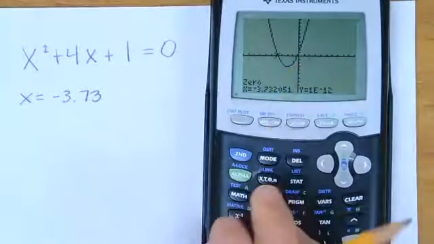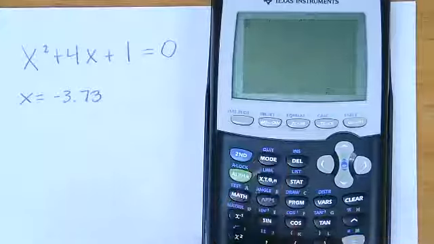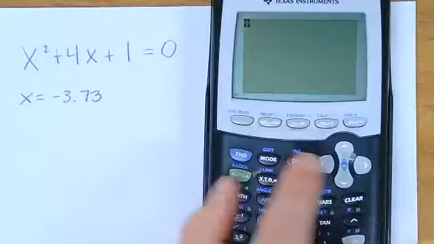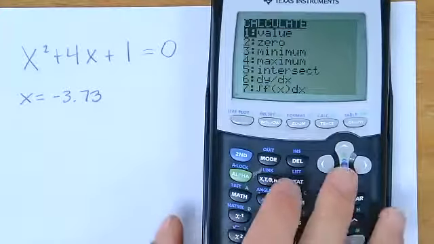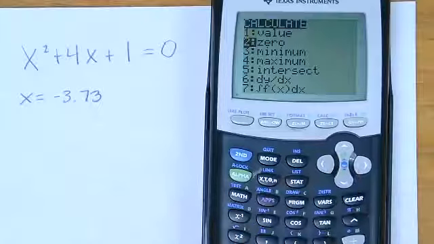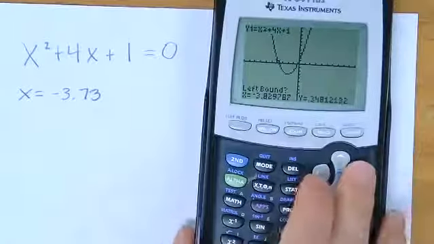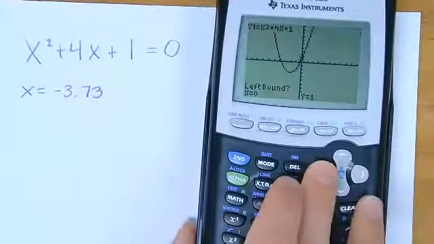So you could quit out of this if you want by pressing second and then quit. And now we're going to start all over again. I'm going to press the blue button again, and then I'm going to press calculate. I'm going to scroll down to 0. And now I want to go to the left. Okay, so here I am on the actual thing.